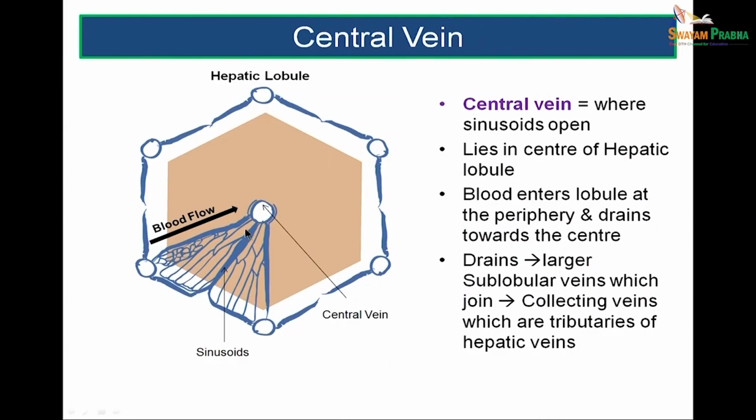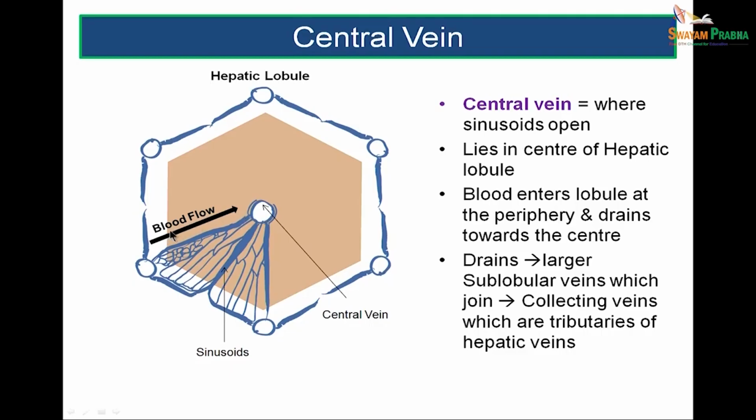The central vein is at the center of a classical hepatic lobule, and blood drains into this central vein from the peripheral portal areas. So blood enters the hepatic lobule via the portal vein branch and the hepatic arteriole, and then it flows through the sinusoids towards the central vein.